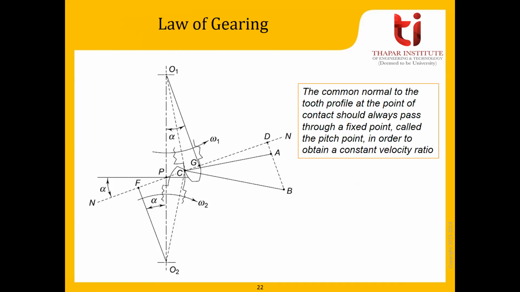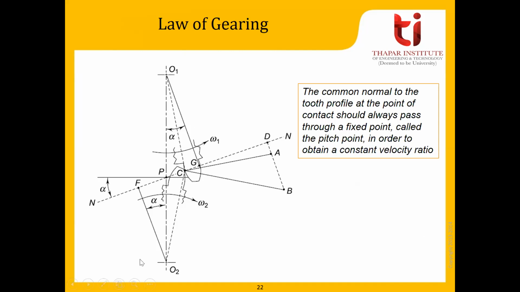Right. So if we do some mathematics, or we use these triangles and apply some trigonometry relationships to get the velocity ratio, we'll see the omega 1 over omega 2 will be O2P over O1P.